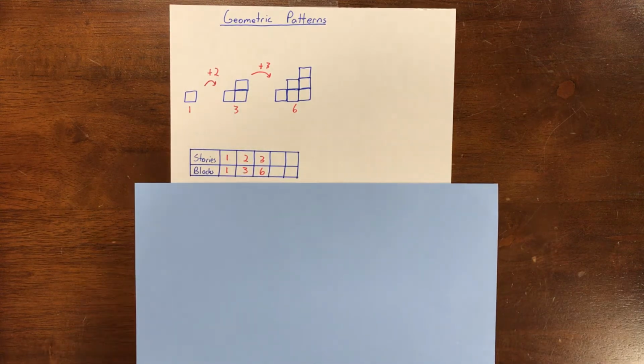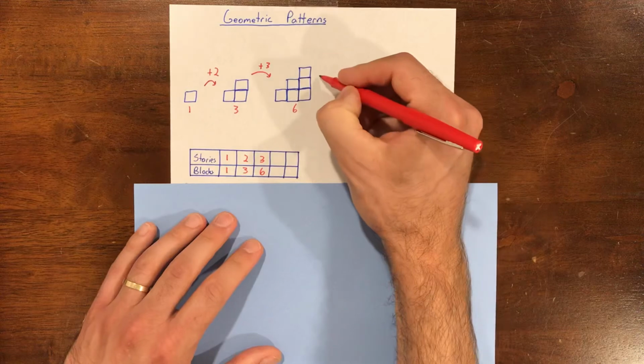Interesting. So how would we figure out how many blocks go in the 4th story? Say it out loud. Okay, we'd add 4.